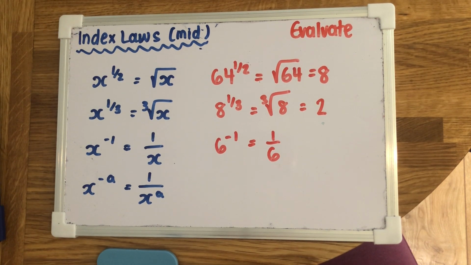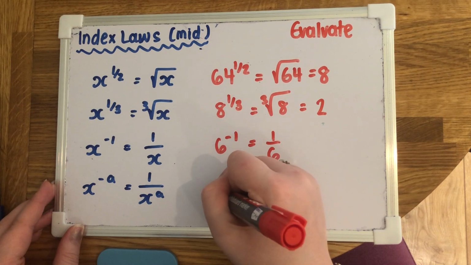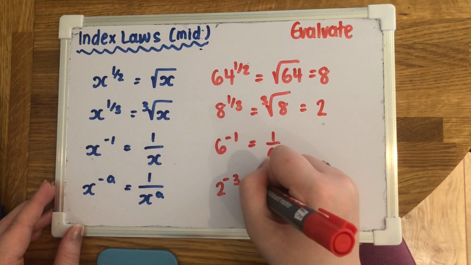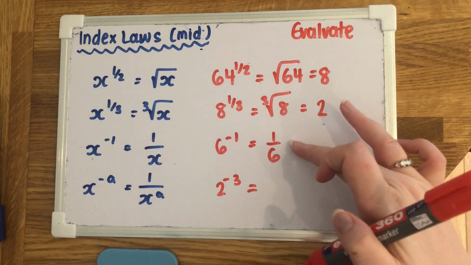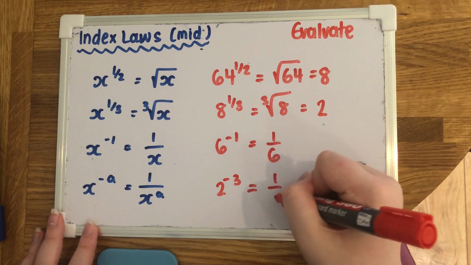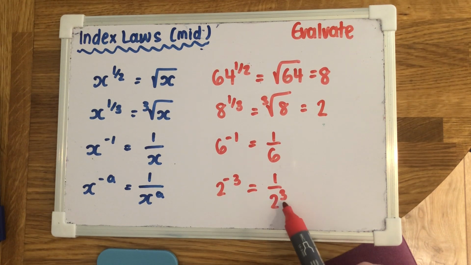Okay, and the last one is sort of similar to reciprocals. So let's say we had 2 to the negative 3. So we do a similar thing as this one here. We still make it a fraction, and it's exactly the same thing. The only thing that's changed is this doesn't have a negative now.